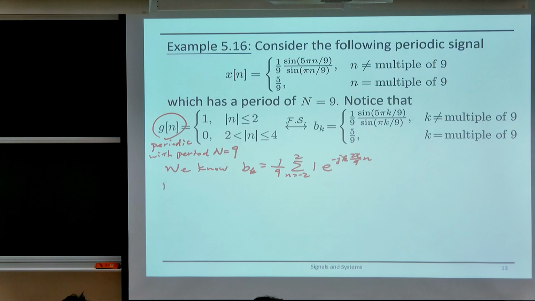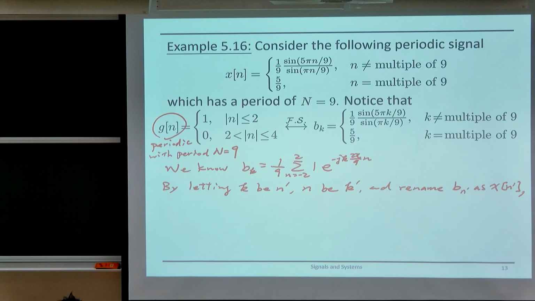So simply by letting k be n prime, n be k prime, and rename Bn prime as xn prime.